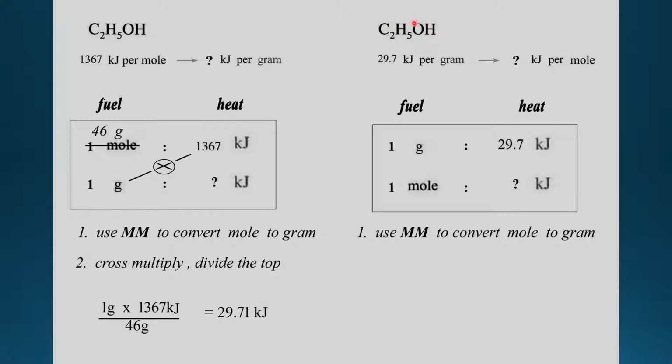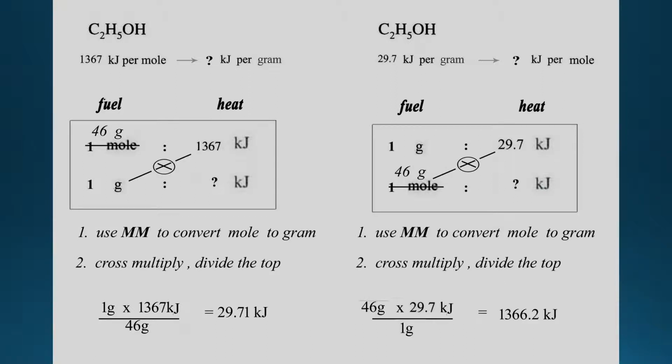So know the molecular formula, pull out the periodic table, and work out the molar mass: 46 gram. Now they are in the same unit, gram and kilojoules. Next step, cross multiply, divide the top. So it becomes 46 times 29.7 divide by 1. And here's the answer.